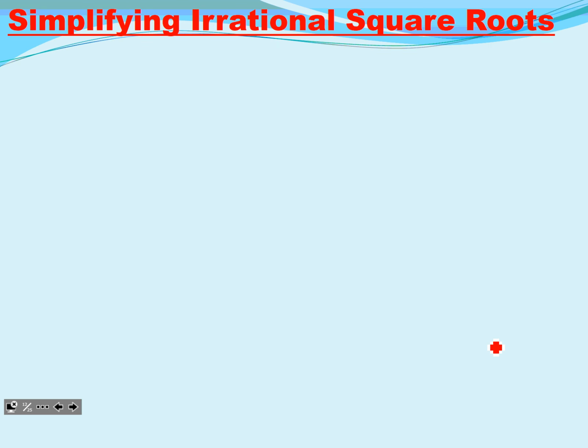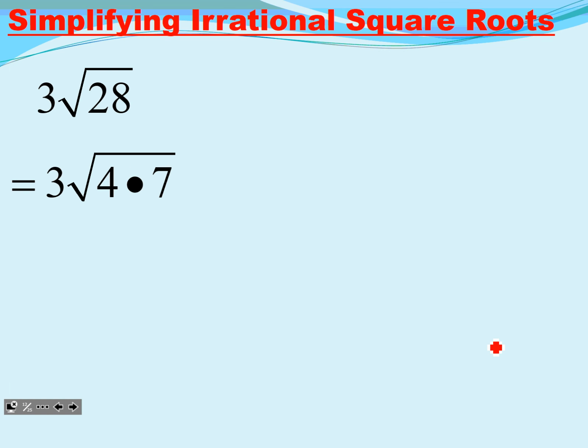Let's say I want to go further in simplifying roots. Let's say I have 3 root 28. Again, that means 3 times root 28. A lot of the time I expect you guys to be able to do this in your head, but if you can't, you can show work. So 3 root 28, and if I wanted to simplify root 28, that becomes 3 times root 4 times 7.